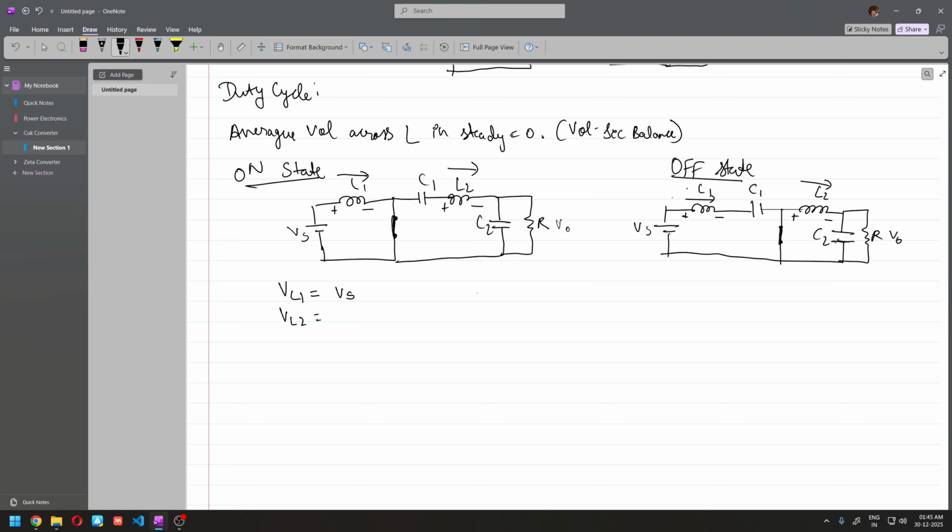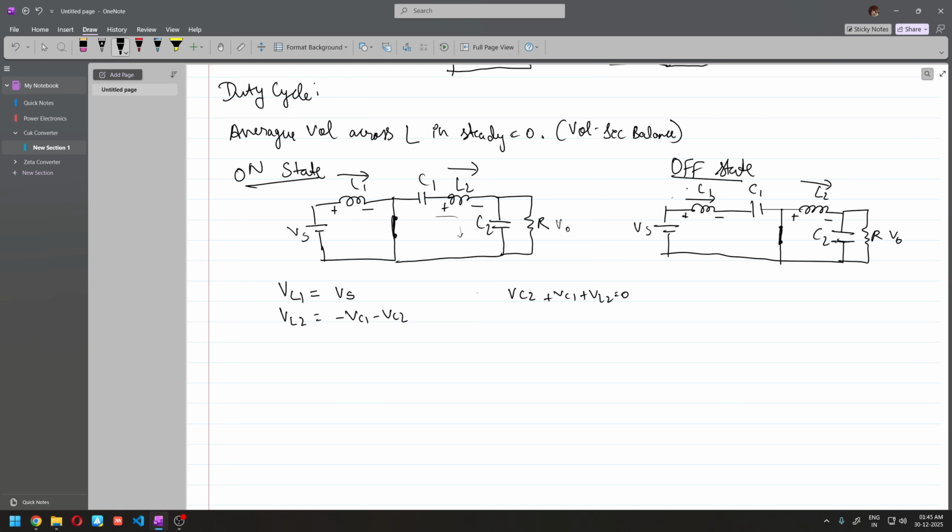Writing the KVL equation here, we get VL2 equal to minus VC1 minus VC2. If I write it for you here, going in this direction, it's plus VC2, then going back around, plus VC1 plus VL2 equal to 0. If you shift it over, you get this equation.